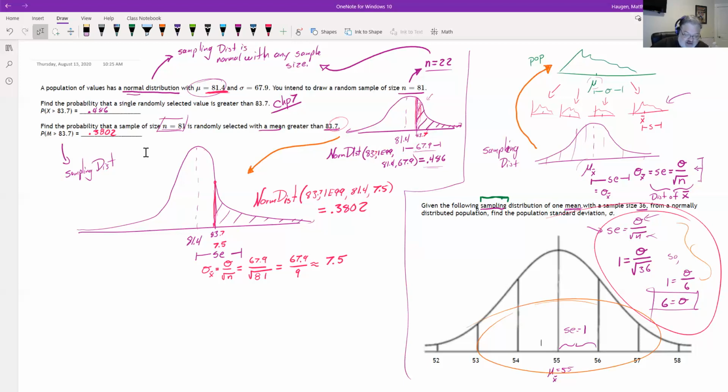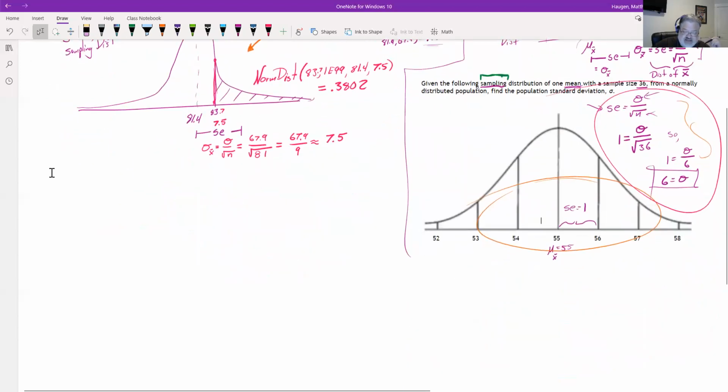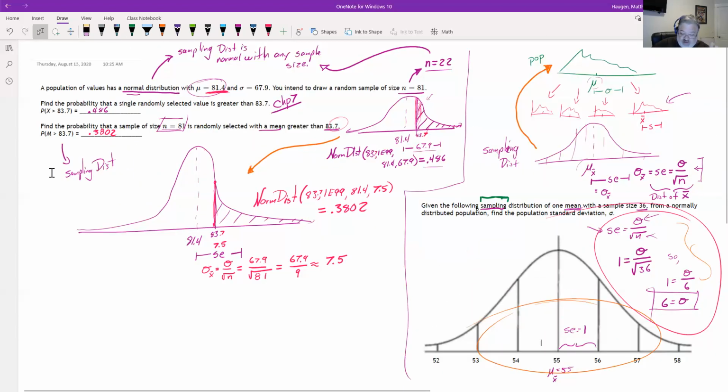And two, that 67.9, that huge standard deviation for that population, made it a little less dramatic than it could be. So I'm going to turn this into a higher drama example and see if that helps. Before I do that though, any questions on either of these or anything else you want to ask?